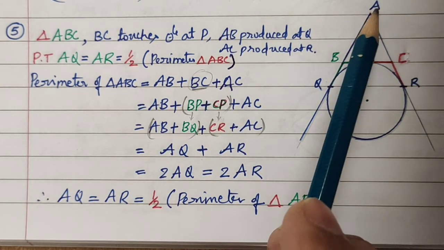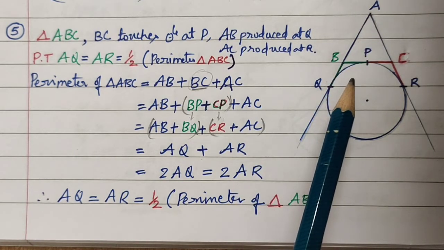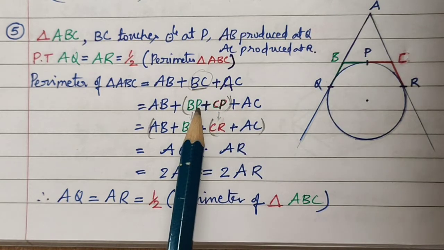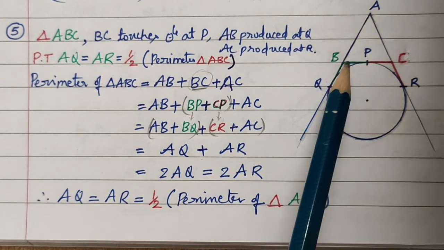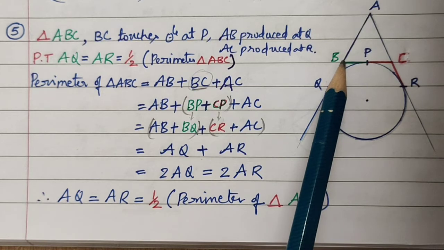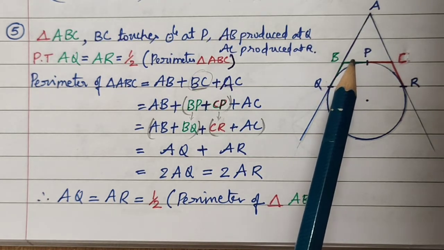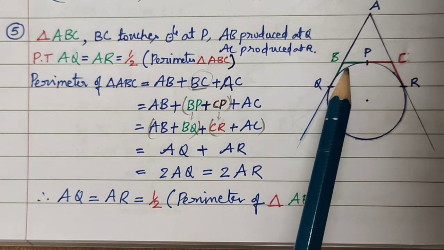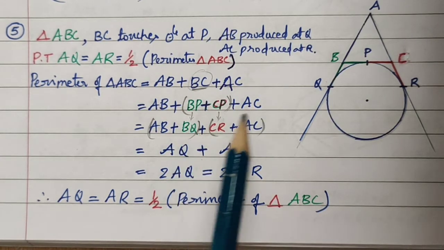Now BP and BQ are the two tangents from the same point B. We know that the lengths of two tangents drawn from a point to a circle are equal. Therefore, BP is equal to BQ.